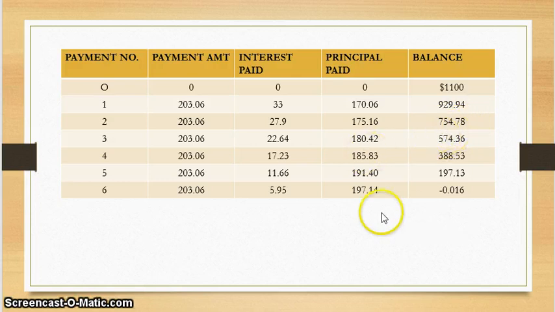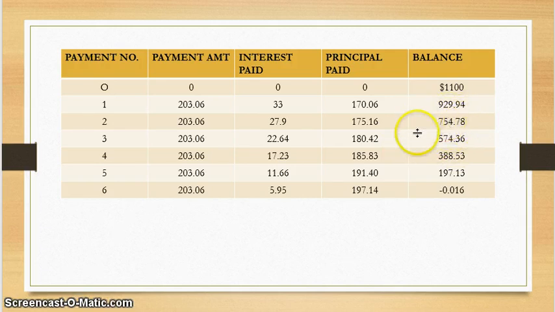Then you get $22.64. Then next you calculate your principal paid when time is equal to 3 by saying 203.06 minus 22.64. You get 180.42.